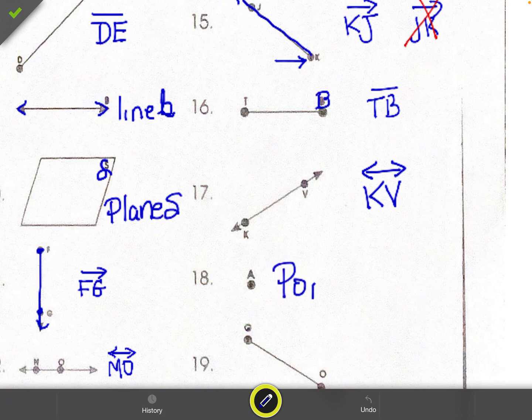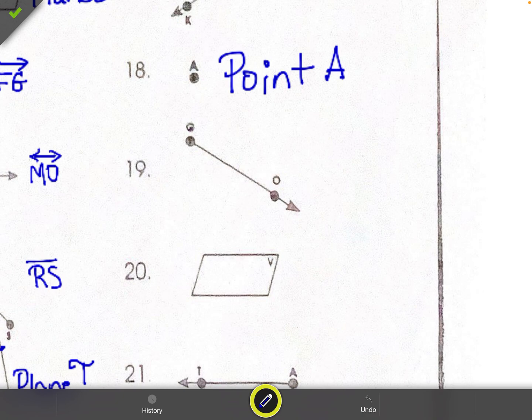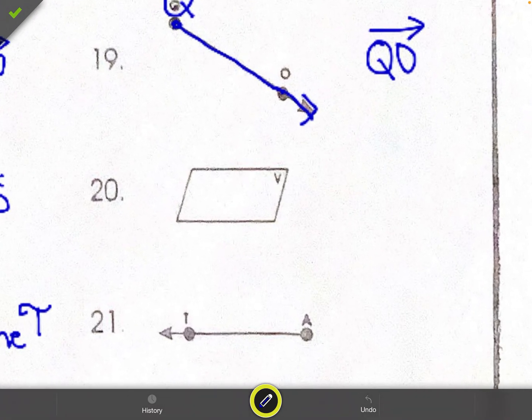18, point A, you do have to write the word point out. There is no symbol for point. Number 19 starts at, I believe that's a Q, goes through O, keeps going. So that's a ray, and that would be ray QO. It might be a G, but we're going to say it's a Q. Number 20, again, should be cursive, so just give it a little swirly.